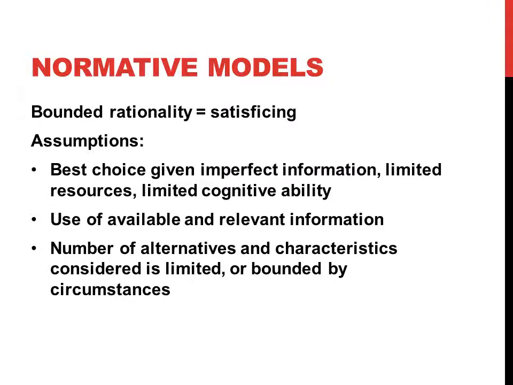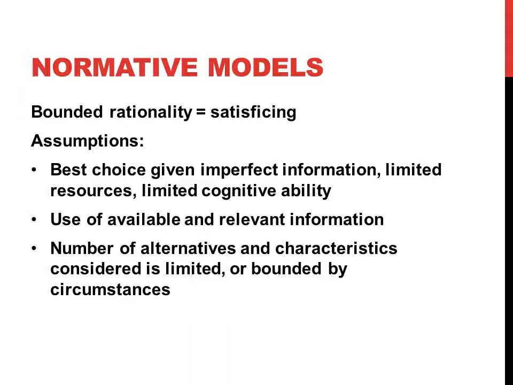One of the first areas that really changes our perception of how the rational model works is something called bounded rationality. And this is where we enter into the term called satisficing. Bounded rationality means that the assumptions of the classical normative model are changed.